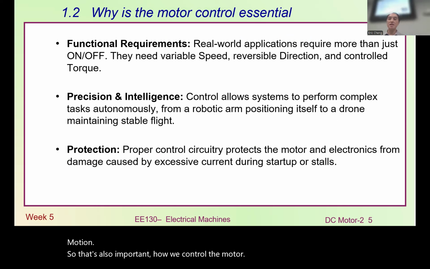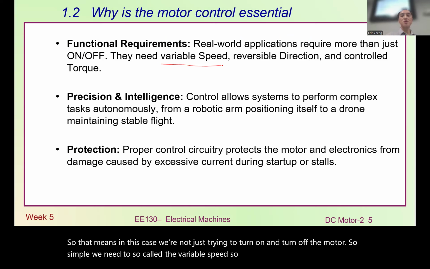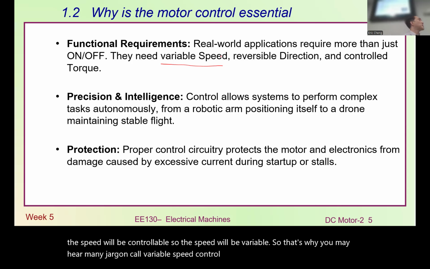In this case, we not just turn the motor on and off so simply. We need so-called variable speed, so the speed will be controllable. That's why you may hear the jargon variable speed control or variable speed drive, VSD.